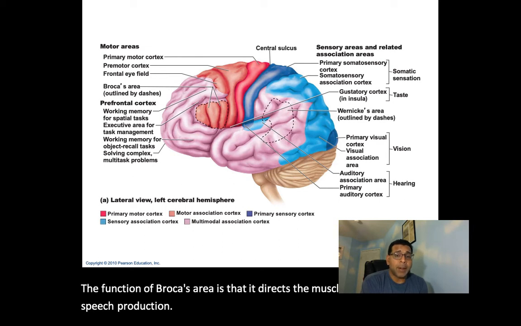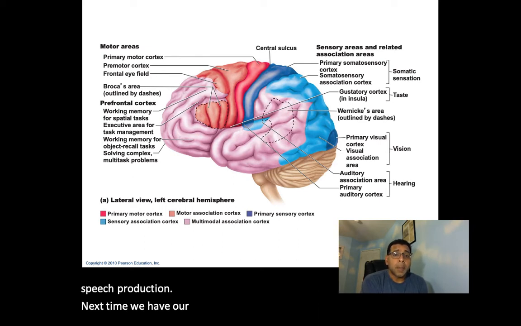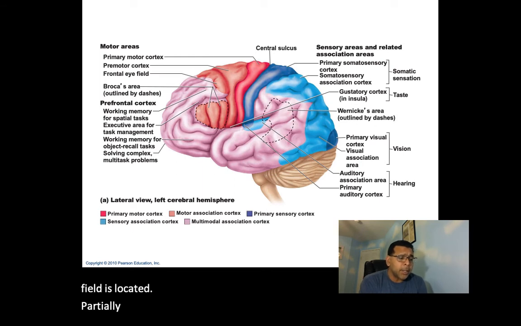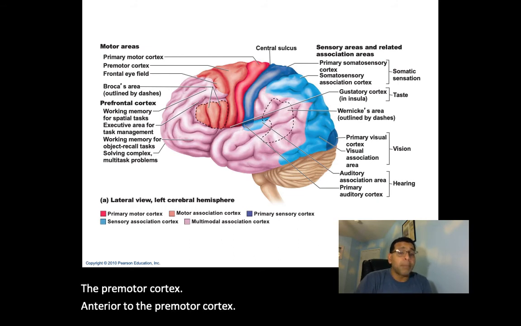Next, we have our frontal eye field. The frontal eye field is located partially in and anterior to the premotor cortex and superior to Broca's area.